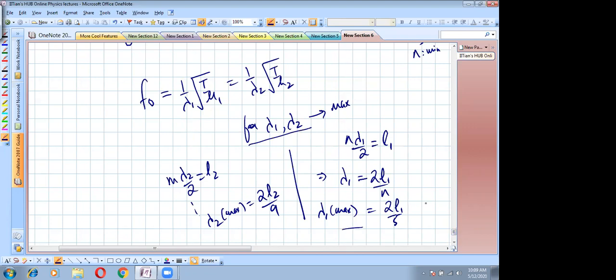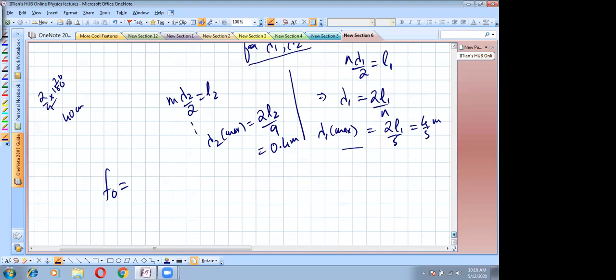So this becomes 2/5 of 200 centimeters, or 4 by 5 meters. And this is 2/9 of 180 centimeters, so that is 2 by 9 into 180, or 40 centimeters, or 0.4 meters.